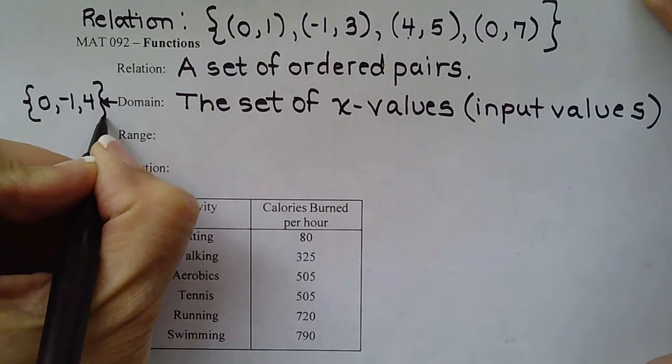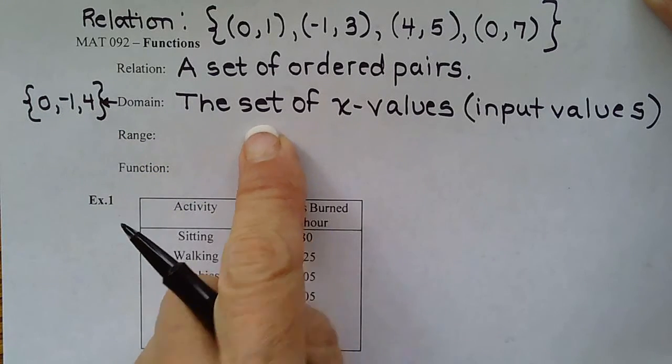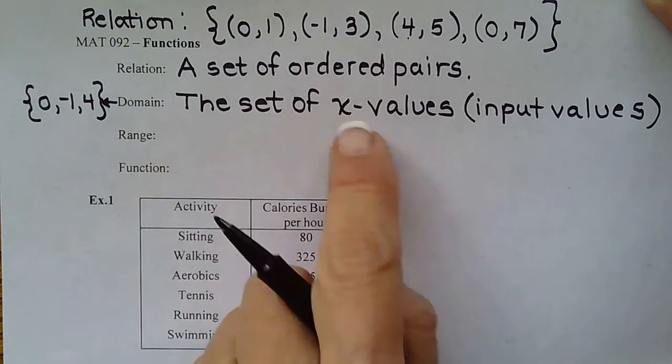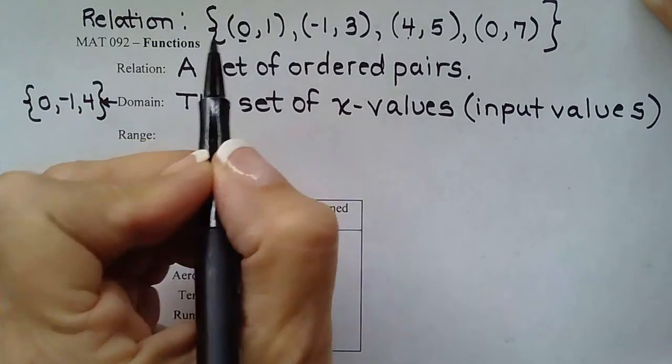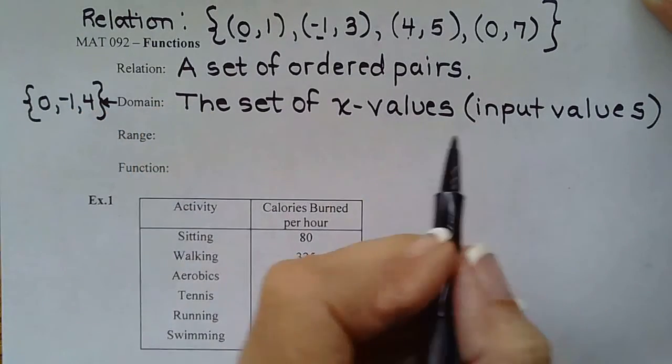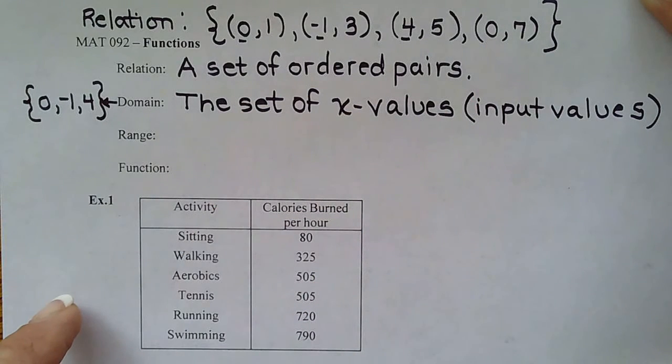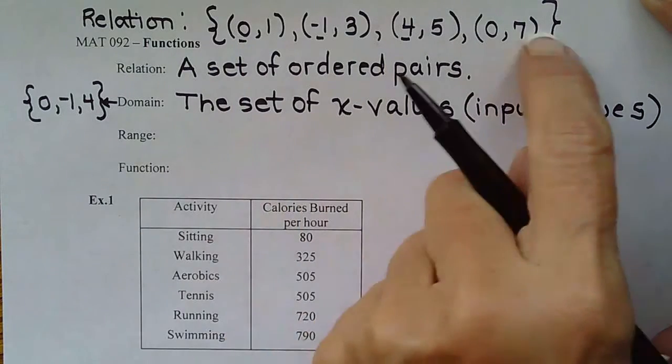And notice it is also a set, hence the answer needs to be in set symbols. So the first x is 0, the second x is negative 1, the third x is 4, and I already named that x, so I never name it twice. So that is the set of x values, or the domain of that relation.